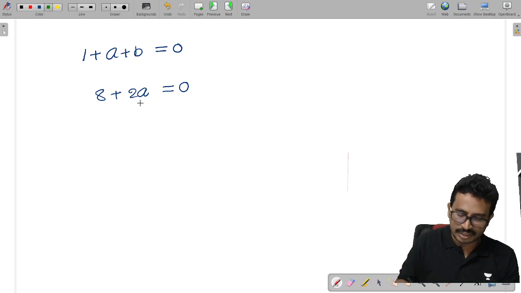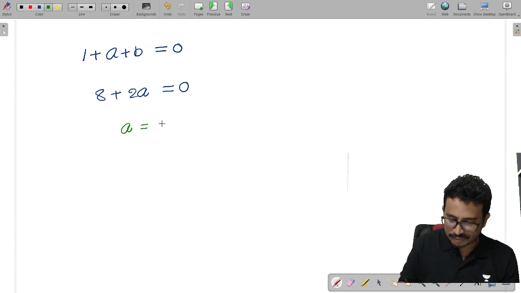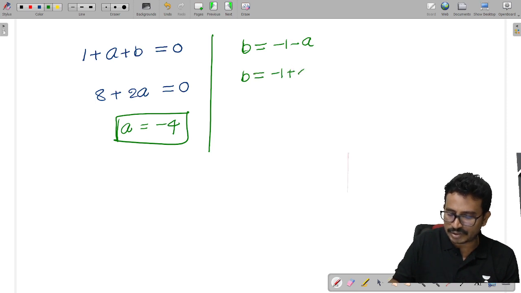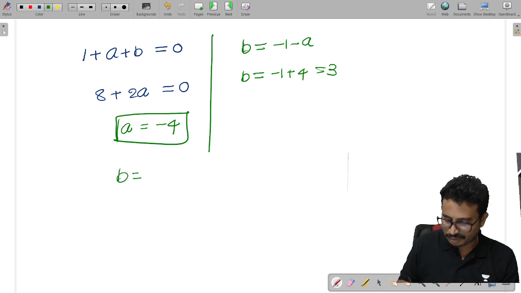From this we get the a value, a equal to minus 4. Substitute a in the above equation: b is equal to minus 1 minus a, so b is minus 1 plus 4, which is equal to plus 3. So b equals 3.